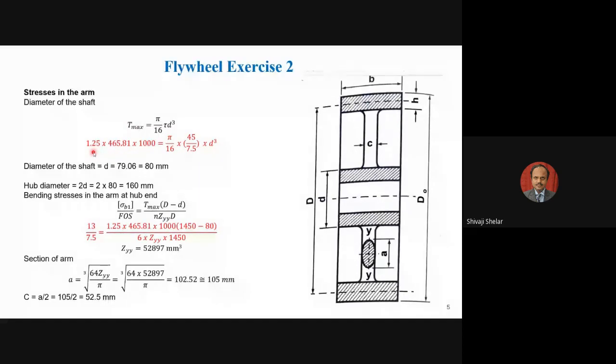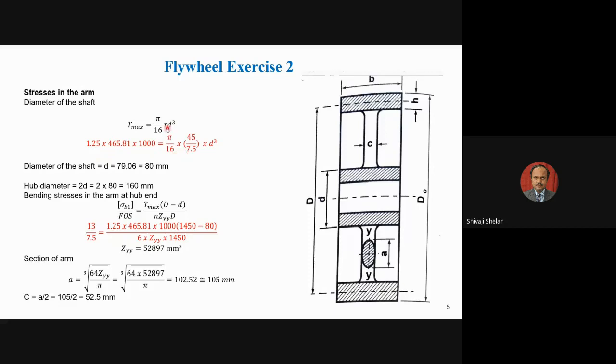Since your energy requirement is 25% more, T max has to be greater than the mean torque value by 25%. So 1.25 into 465. This is given in the problem, 25% excess. So 1.25 we are taking here. Since this value is in Newton meter, I am converting to Newton millimeter by multiplying by 1000 here.